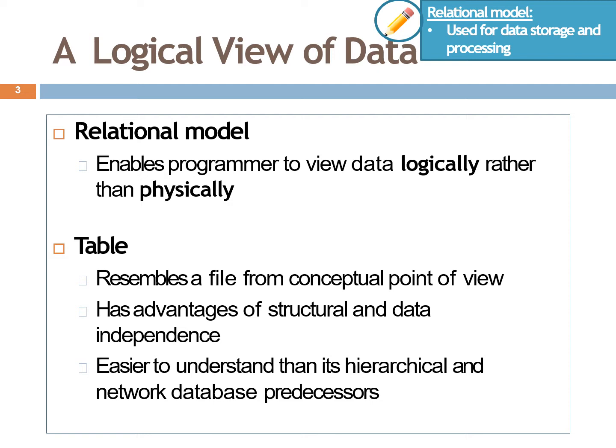And a table is the most important component of a relational model, and it resembles a file from a conceptual point of view. And by looking at the table, the user will be able to understand the main component of a database.